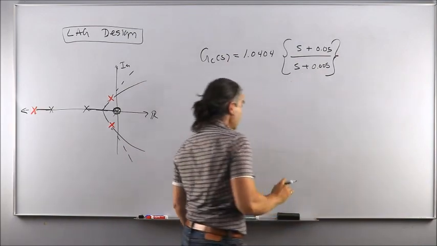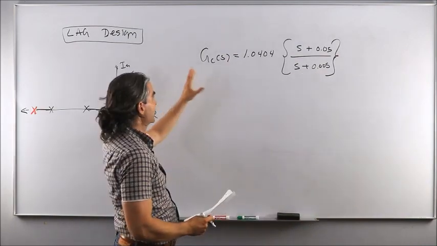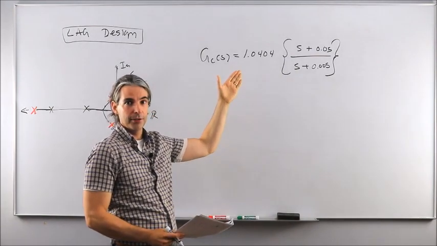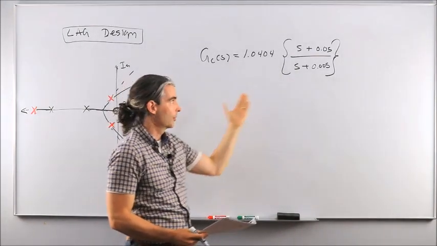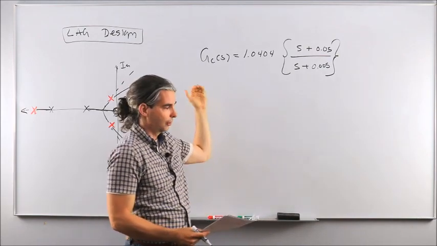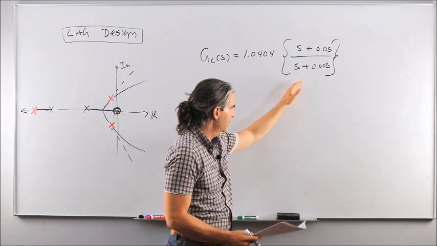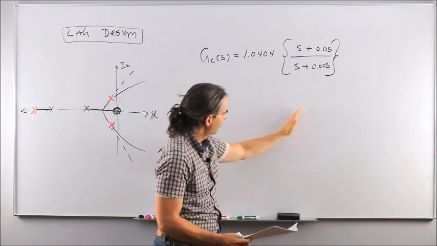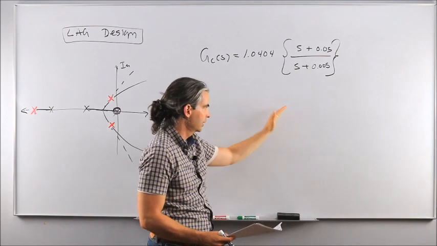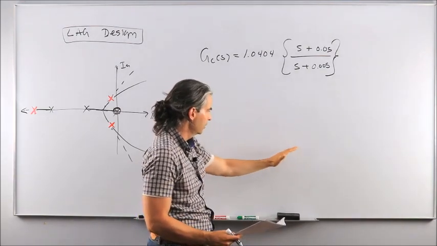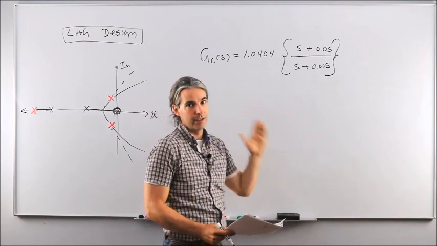And again, as you could see here, the design of a lag compensator is a lot faster and a lot easier than the lead compensator because you don't need to worry about the phase condition. Okay, so you don't need to do the trick I gave you with the parallel line angle with the origin, cut that angle in half, plus and minus on either side, and do some additional trigonometry to figure out the location of the pole and the location of the zero for the lead compensator.